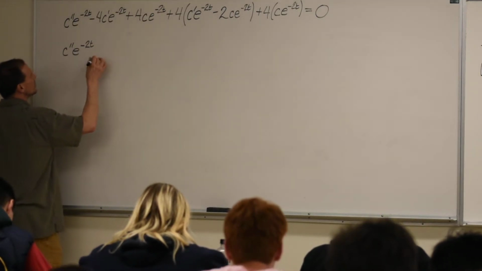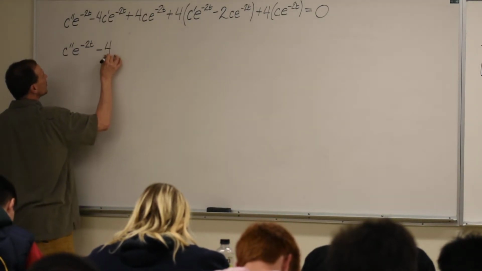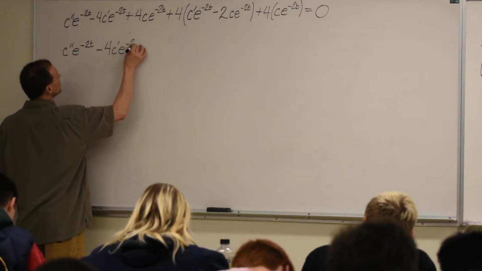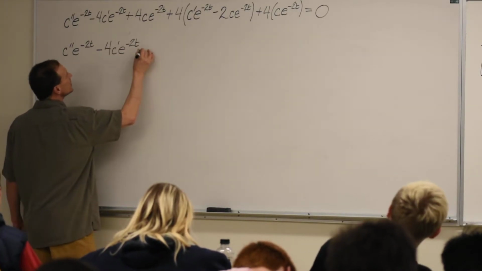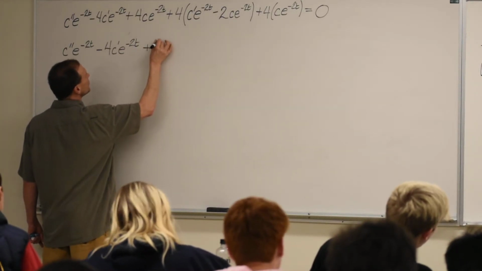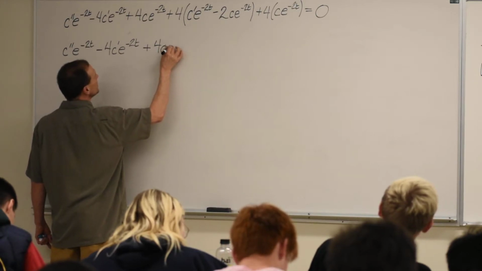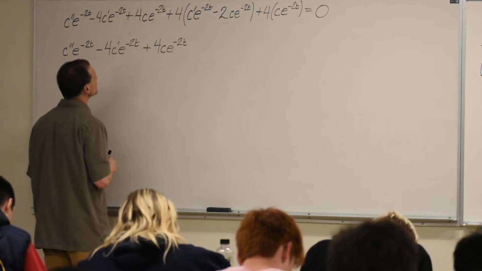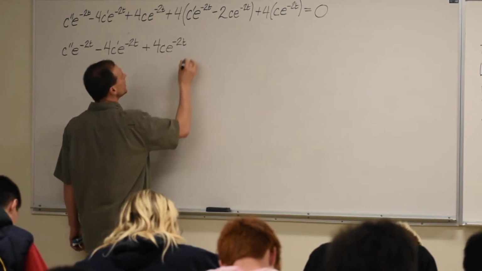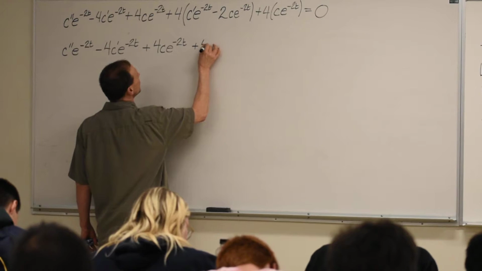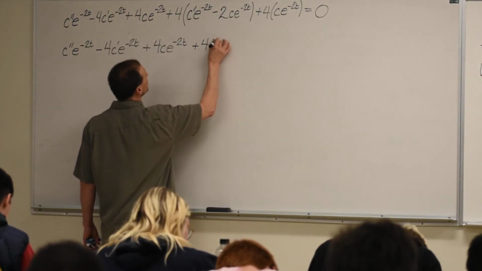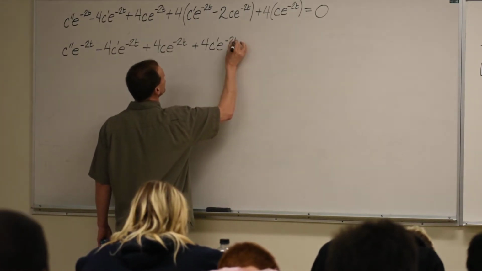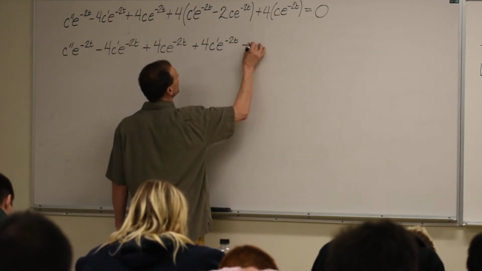Remember to distribute through: minus 4 C prime e to the minus 2t, plus 4C e to the minus 2t, plus 4C prime e to the minus 2t, minus, oh, minus 8 C e to the minus 2t.